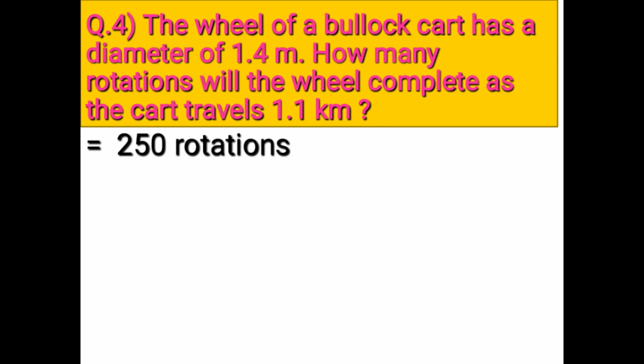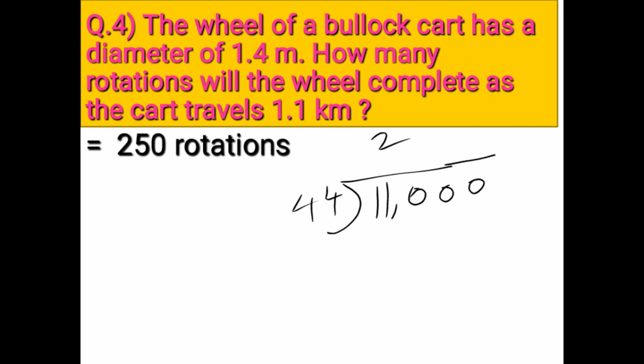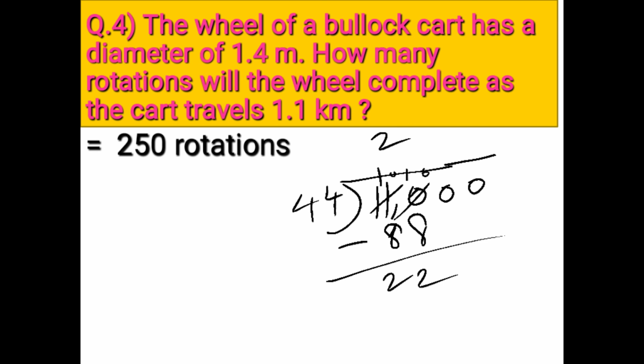Why? I divide here. 44 twos are 88. 10 minus 8, here also 10 becomes. 10 minus 8 is 2. 1 minus 8 is not going, here 1 less becomes. When you start subtraction, do it from 0. 10 minus 8 is 2. So 44.